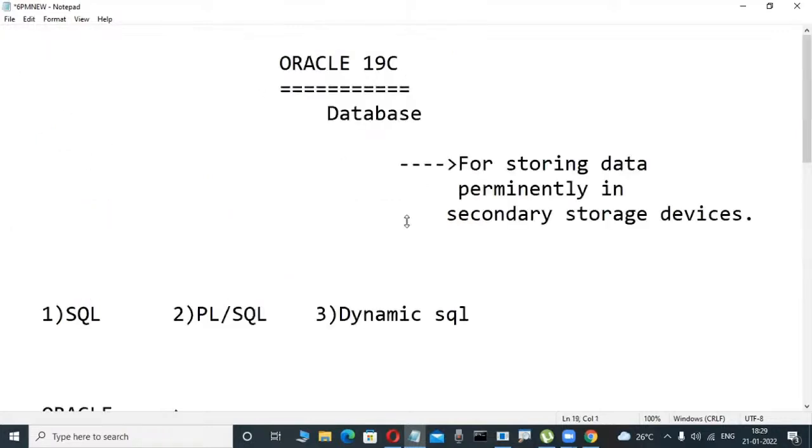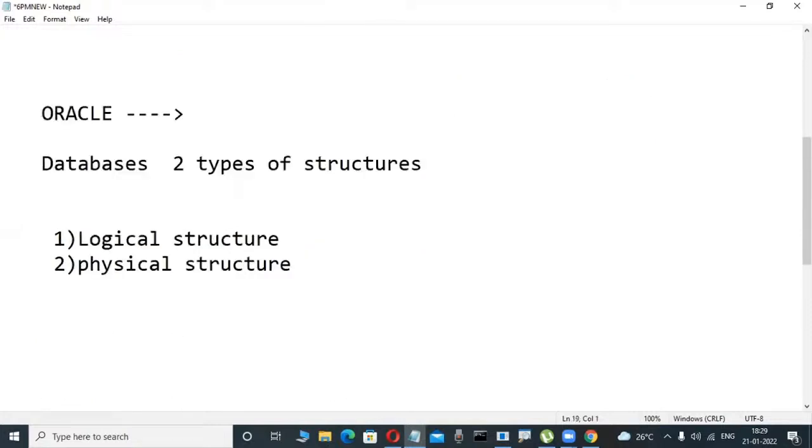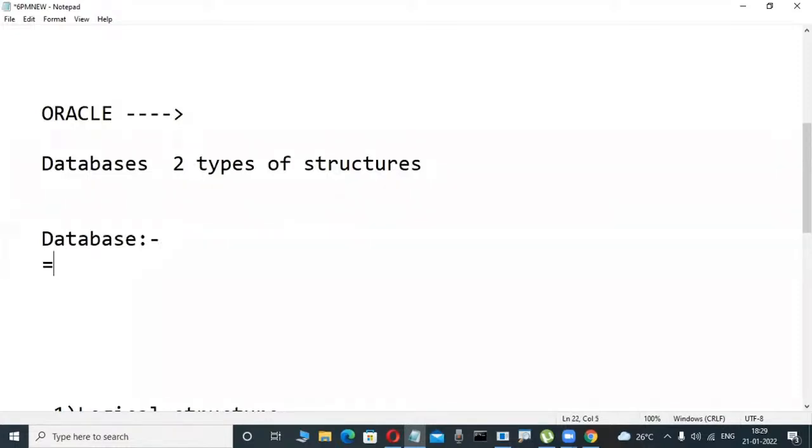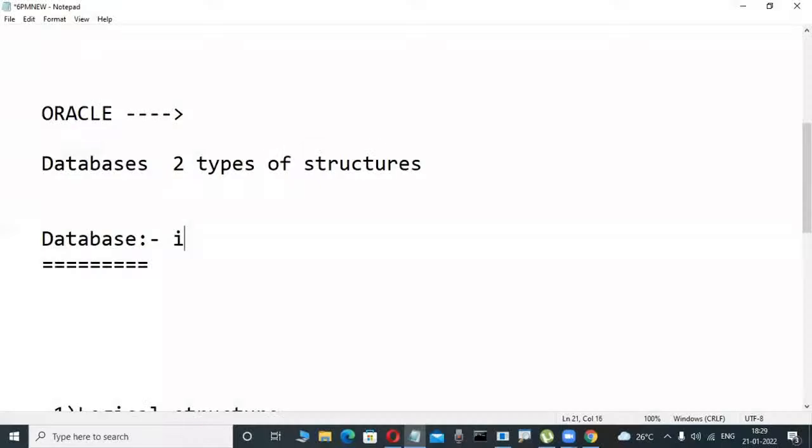Before we tell what the logical and the physical structure are in these database software, consider the database definition. In books, so many fellows write it like this. Today at least you will understand. What is a database? When you observe on Google or in books, it is a place. Don't read it.